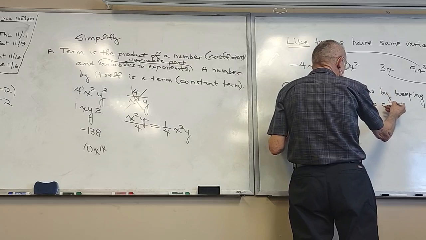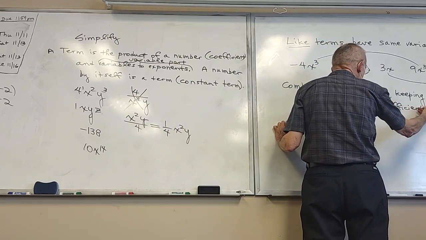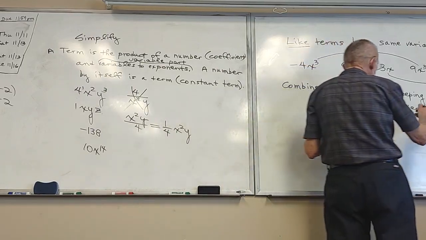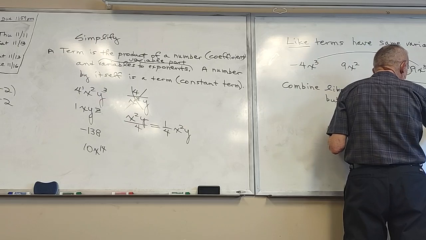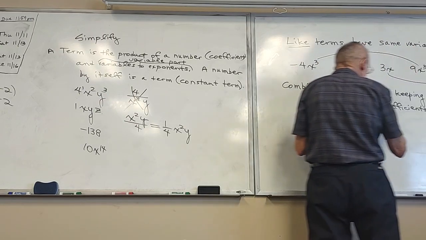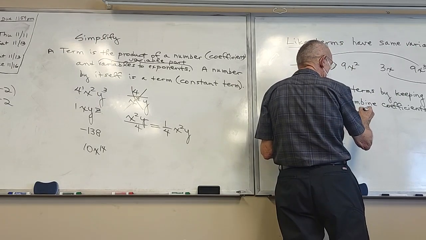And since some may be positive and some negative, right? Because I taught you to keep the sign with the number. Some may be positive, some negative. So when you combine them by the rules of sign to numbers, in other words, same signs add, keep the sign. Opposite signs subtract, keep the sign of the larger number.